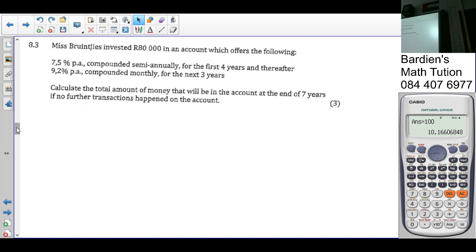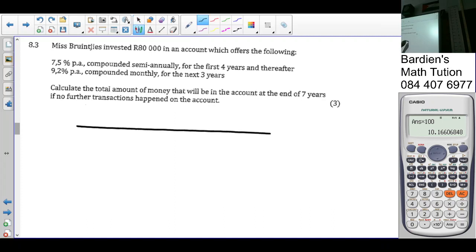Ms. Brankis invested 80,000 in an account which offers the following: 7.5% compounded semi-annually. Timeline question. So at T0, she invested 80,000 there. The account offers 7.5% compounded semi-annually for the first 4 years.